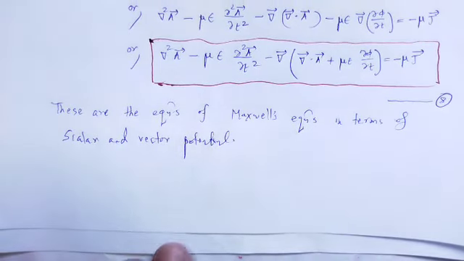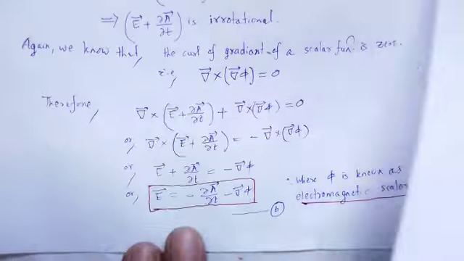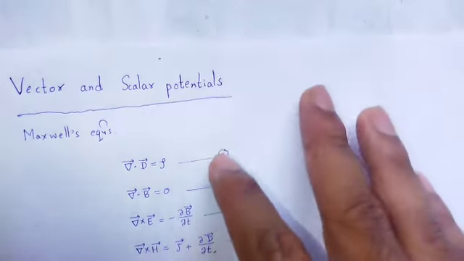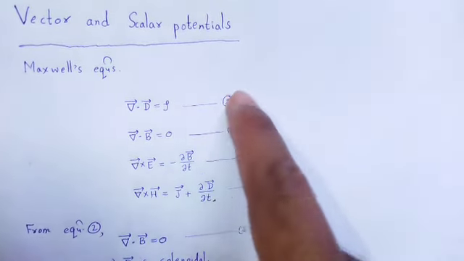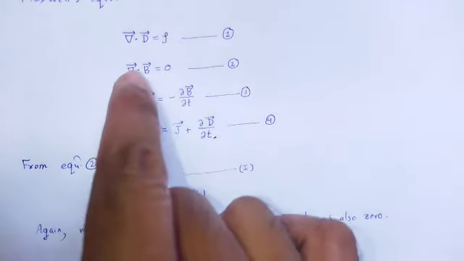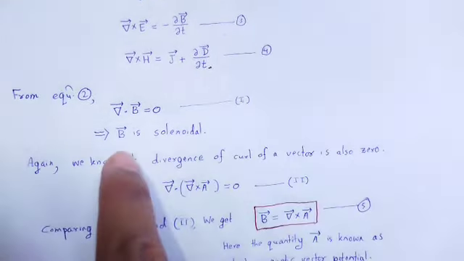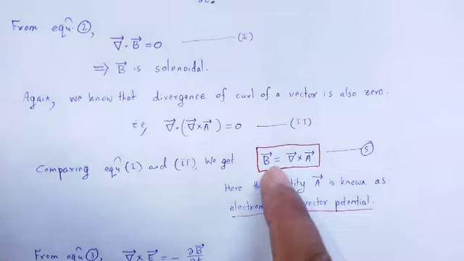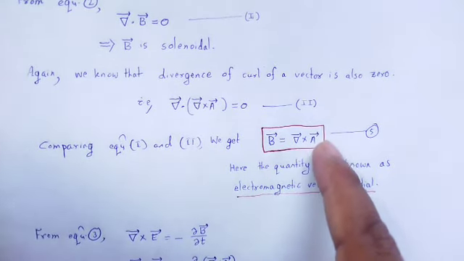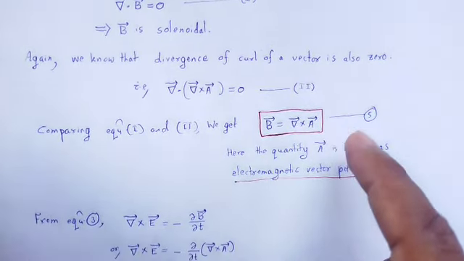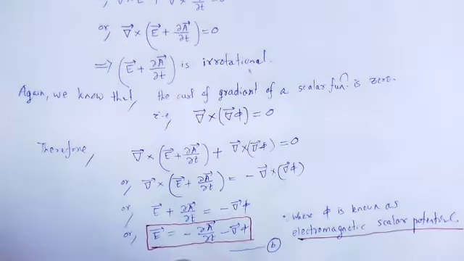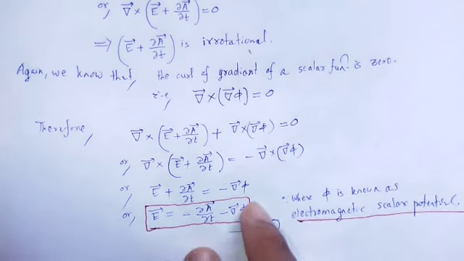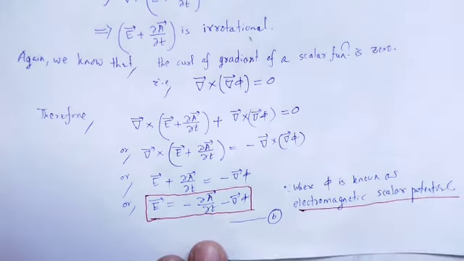So with the help of this video lecture we understand the idea of vector and scalar potentials and Maxwell's equations in terms of vector and scalar potentials. From Maxwell's equation number 2 we showed that B vector is equal to grad cross A, whereas A is the electromagnetic vector potential. Next, from equation number 3 we showed that E vector is equal to that one, and here phi is the electromagnetic scalar potential.